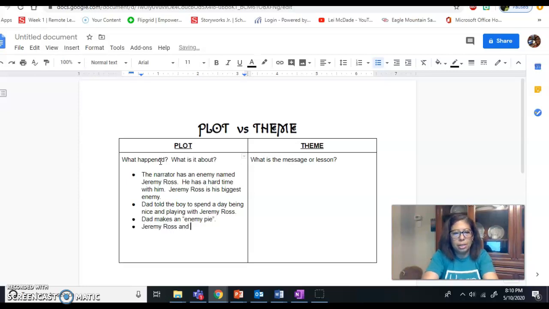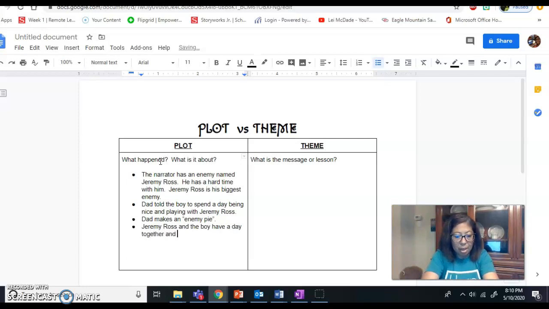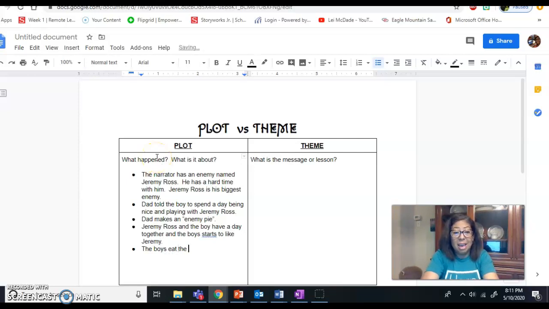Jeremy Ross and the boy have a day together, and the boy starts to like Jeremy. And then this is when the problem starts to happen, is the boys eat the enemy pie. And remember, the boy was getting nervous because he was like, oh, please don't eat that pie.